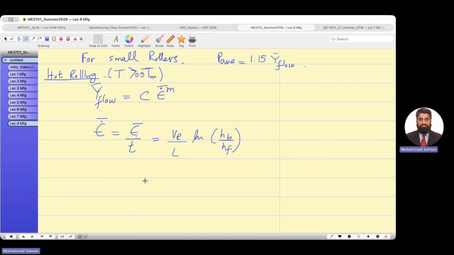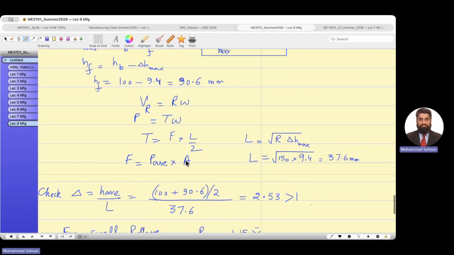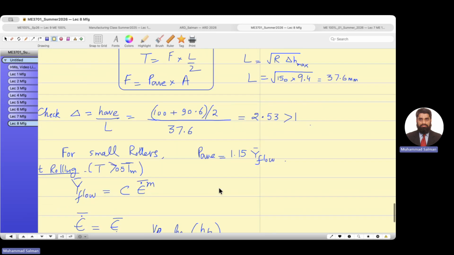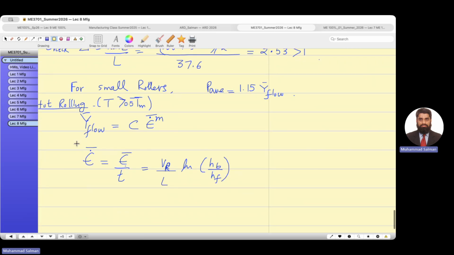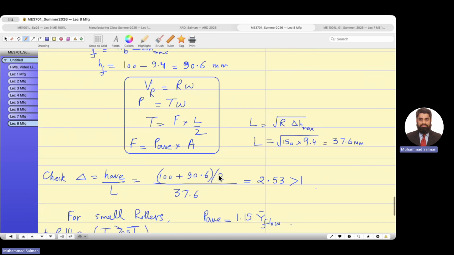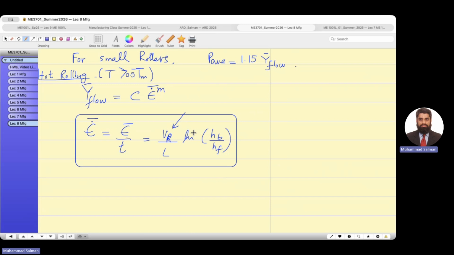So here there is a little bit of difference because the V roller is not, in this case, it is different. So for the cold rolling, you will use this technique. For the hot rolling, you will find V roller from this formula. I'm sorry, I explained this one for cold rolling, but this is for hot rolling. So you will use this formula to find the roller speed.